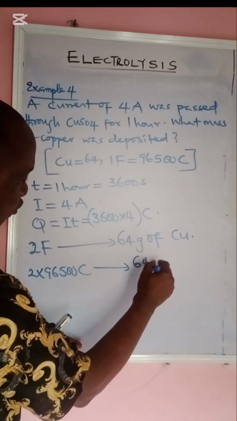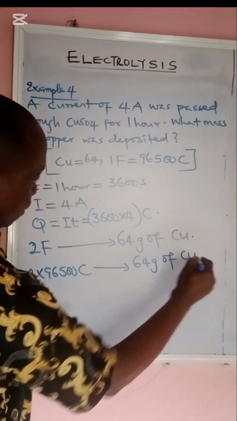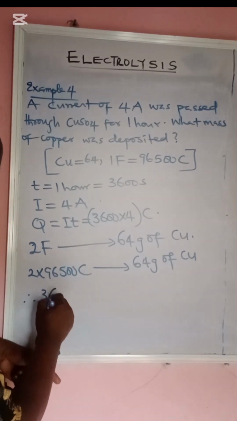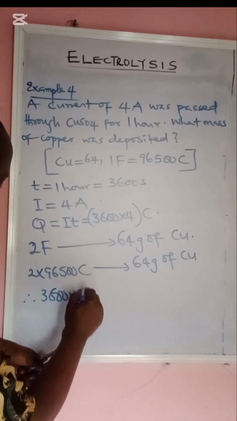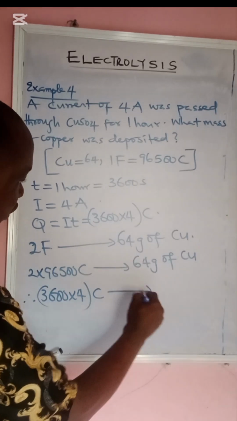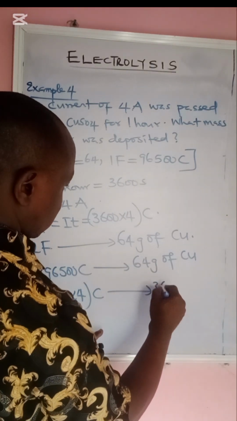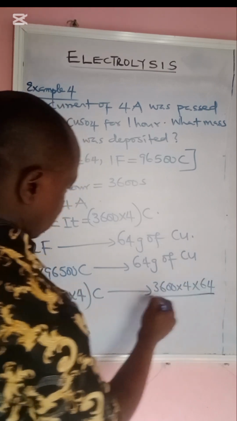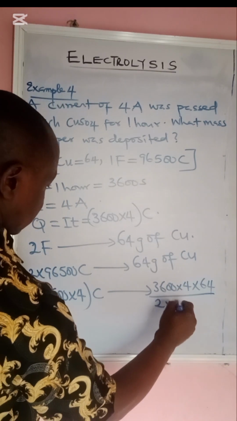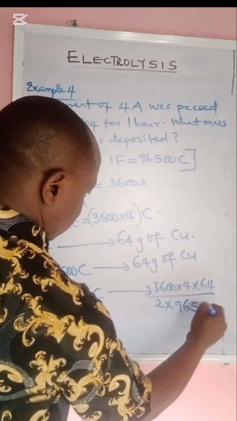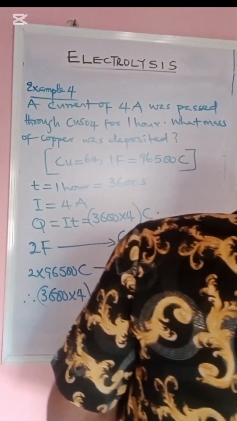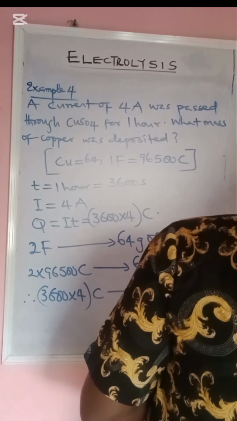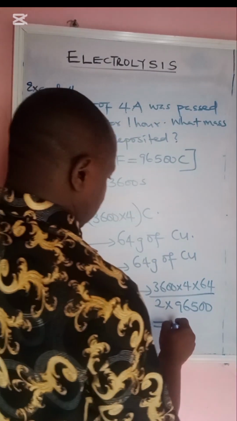Therefore, 3600 times 4 coulomb will deposit 3600 times 4 times 64 divided by 2 times 96500. So it will give us 4.8 grams.